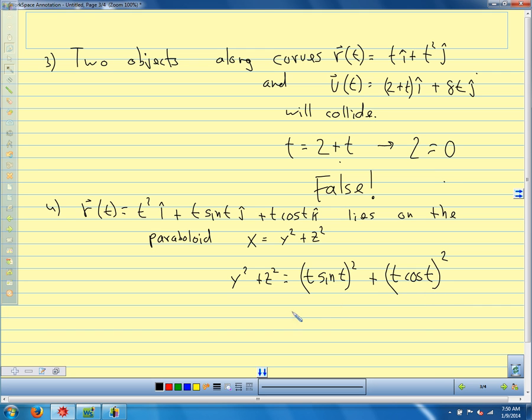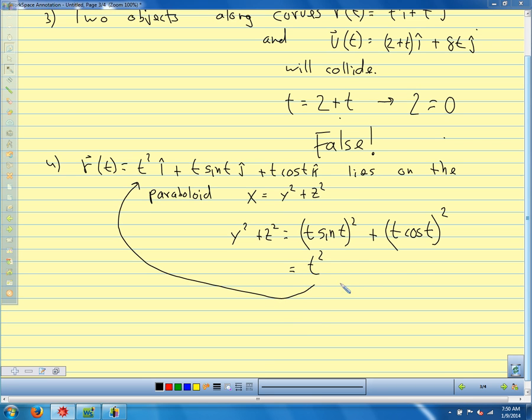And what does this simplify to? T squared. T squared is x. So x equals y squared plus z squared. True.